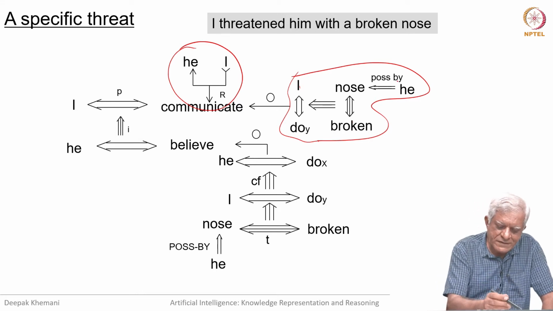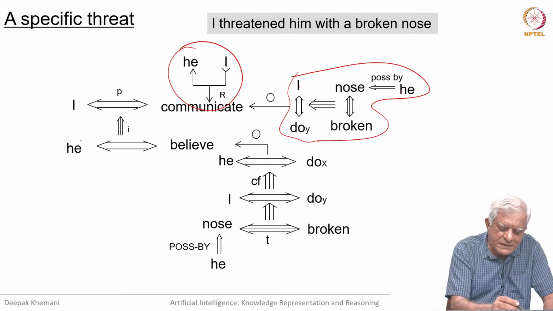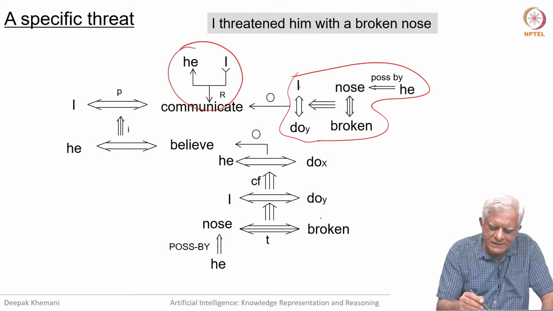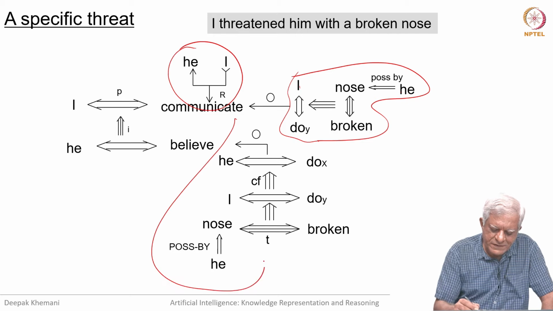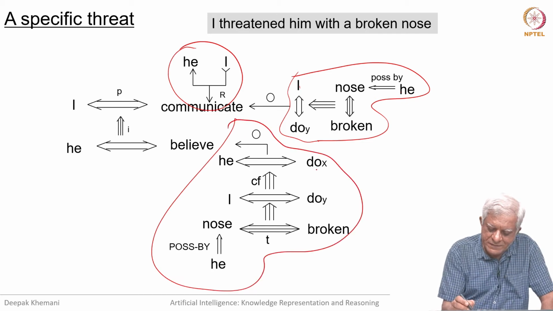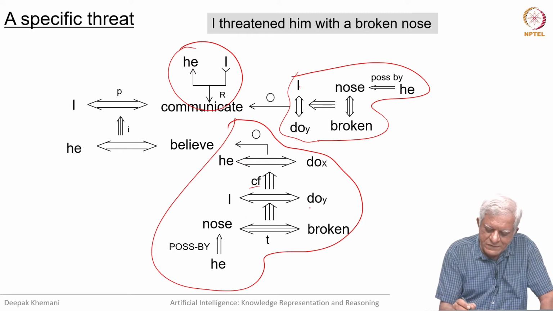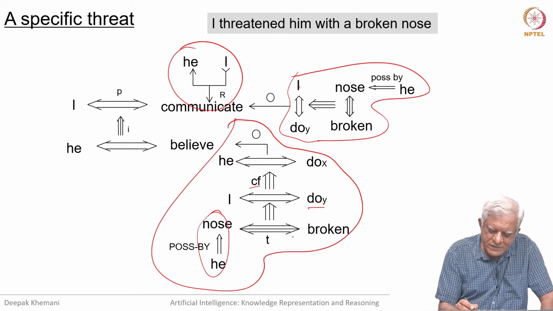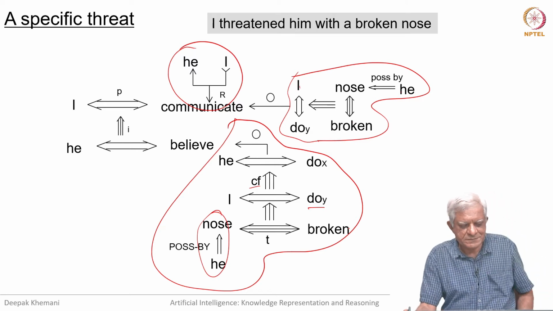As a result of which he comes to believe this whole thing, as we have seen earlier, that if he does something which is X, conditionally in the future, I will do something which is Y, as a result of which his nose would be broken essentially.